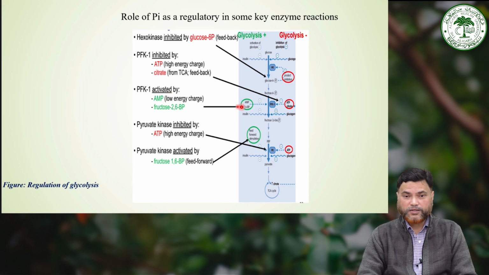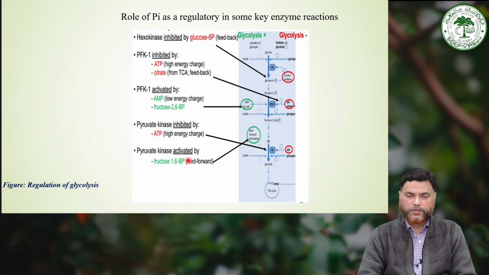But in another reaction, the enzyme phosphofructokinase 1 is generally activated by adenosine monophosphate and fructose 2,6-bisphosphate. So these two molecules serve as activators of phosphofructokinase 1, whereas in another reaction, the enzyme pyruvate kinase is inhibited by ATP.